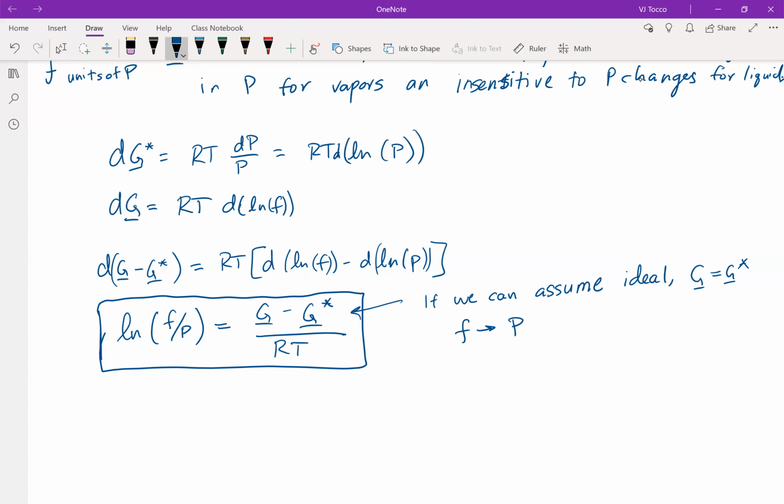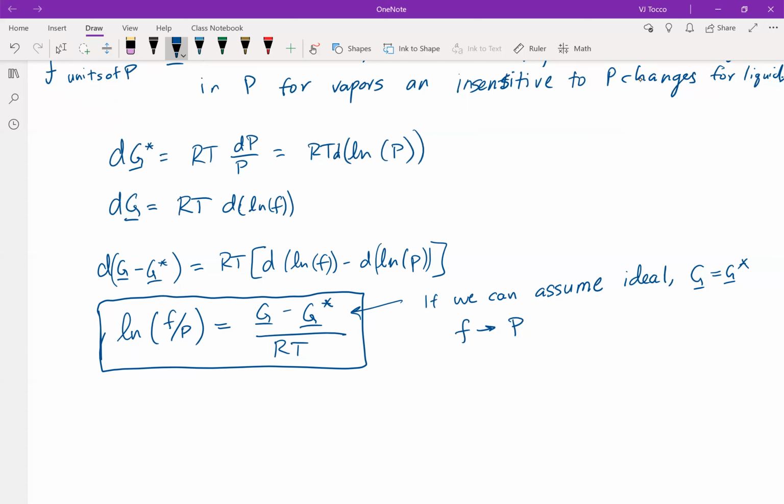In contrast, if I plug this into this formula and I simply compute this right-hand side and then calculate what the fugacity is, if my fugacity is equal to P, so say my pressure was 2 atmospheres or something, and I get a fugacity that is 1.9 atmospheres, that would tell me that my fugacity is close to my pressure and I'm pretty close to ideal.